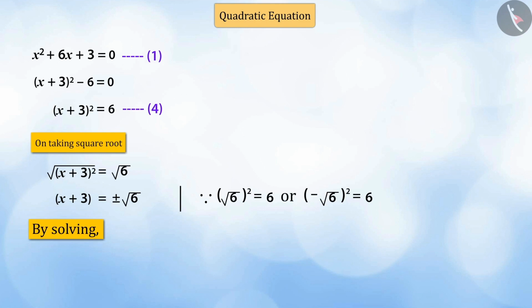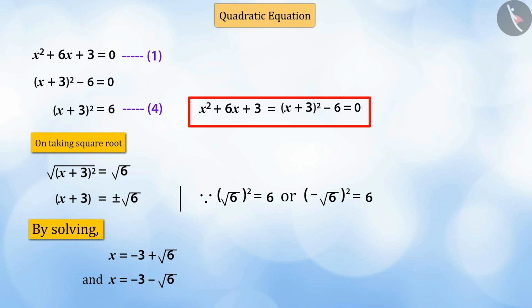Therefore, x is equal to minus 3 plus square root of 6, and x is also equal to minus 3 minus square root of 6. Thus, we have found the roots of the given quadratic equation by expressing it in the form x plus 3 the whole square minus 6 equal to 0.